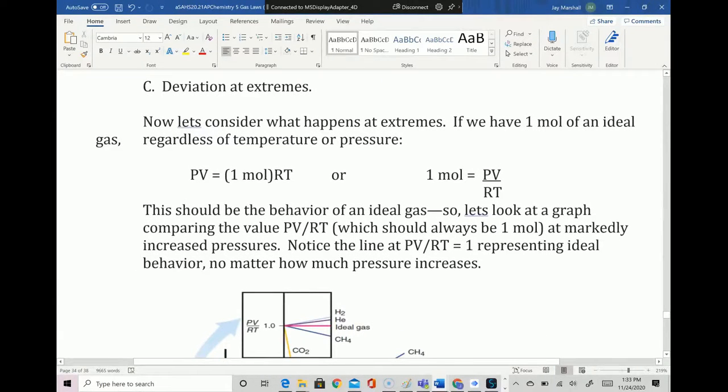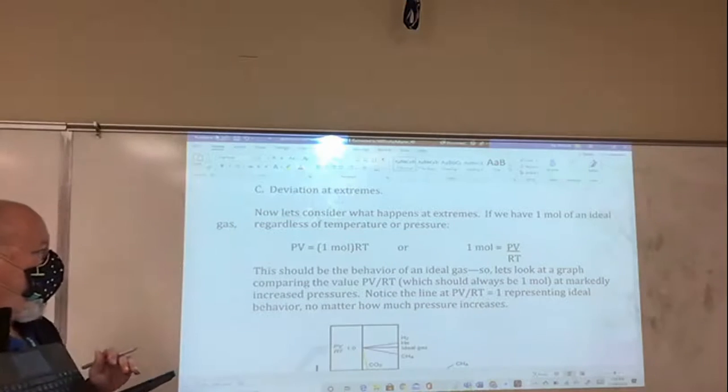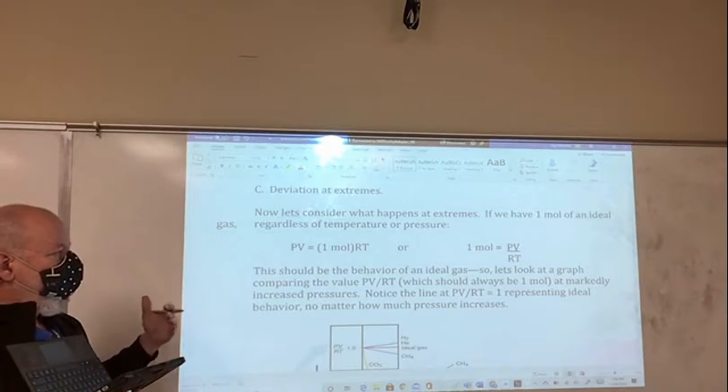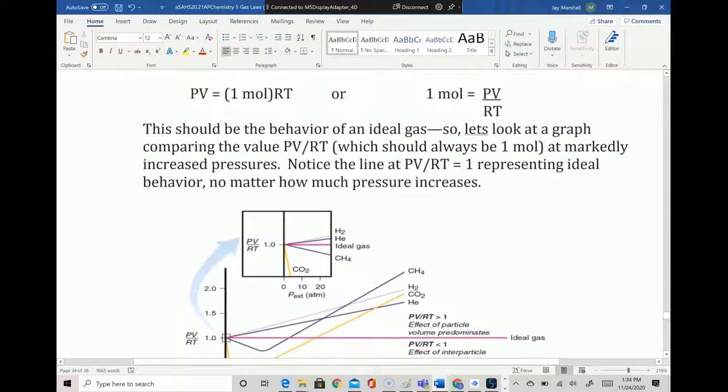So now let's consider what happens at extremes. If I have 1 mole of an ideal gas, regardless of temperature or pressure, PV equals nRT, right? Or 1 mole equals PV over RT. This should be the behavior of an ideal gas. I should find out that this relationship holds true. Okay?